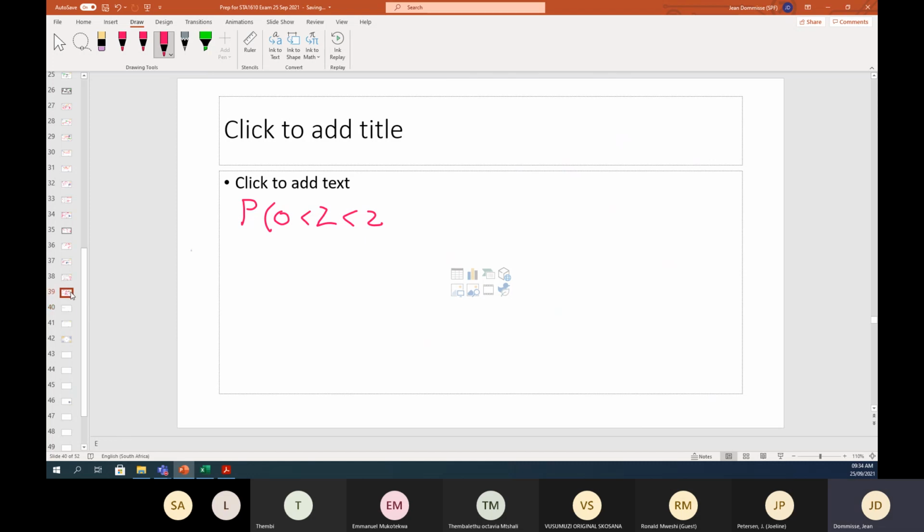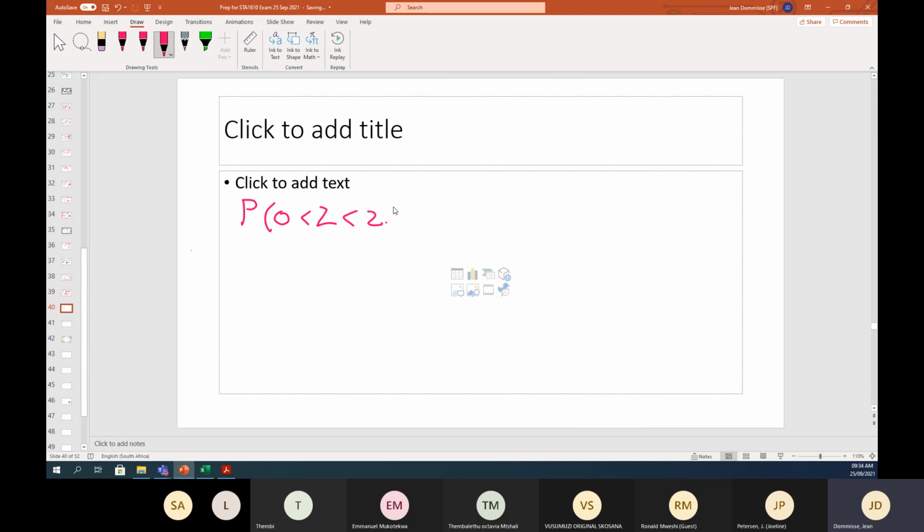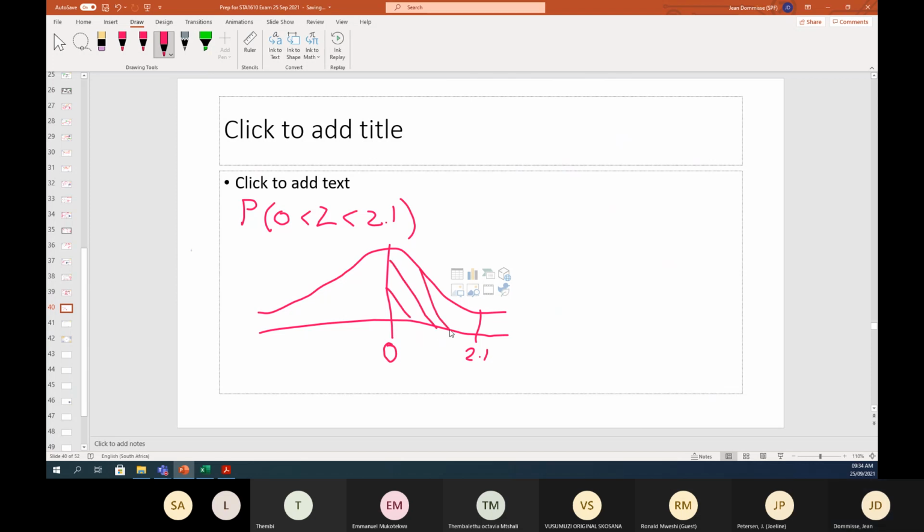Was it 2.21 or 2.1? Okay, so that is what they've asked us, between 0 and 2.1. So we need to work out that.